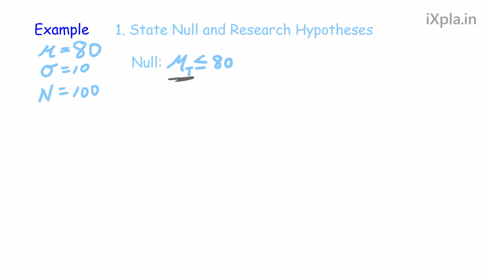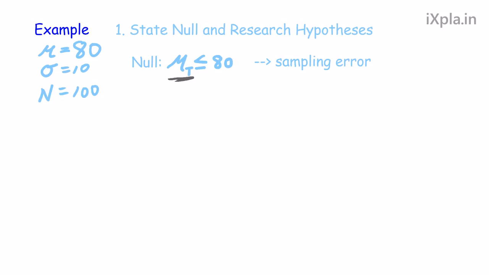That means that the null hypothesis is saying that the treatment does not work. The null hypothesis is saying that any differences that occur in our study were created by sampling error. So that 82, the null hypothesis is saying that 82 was created by sampling error.